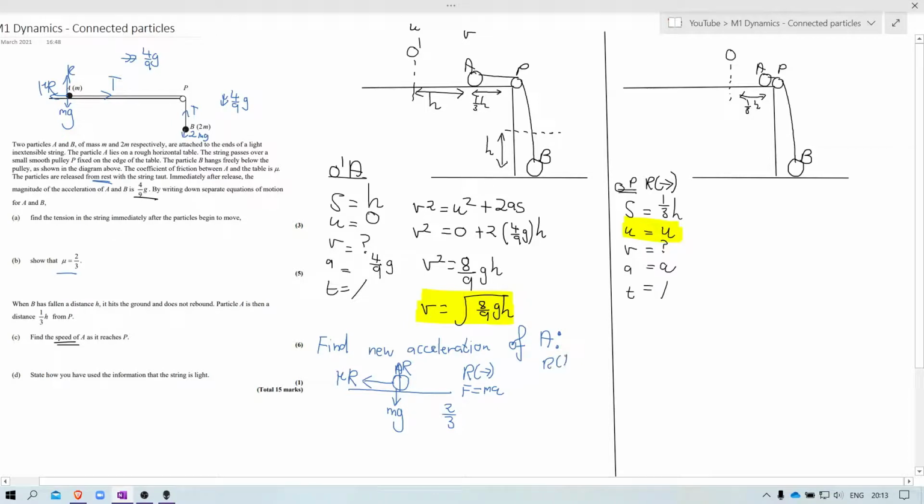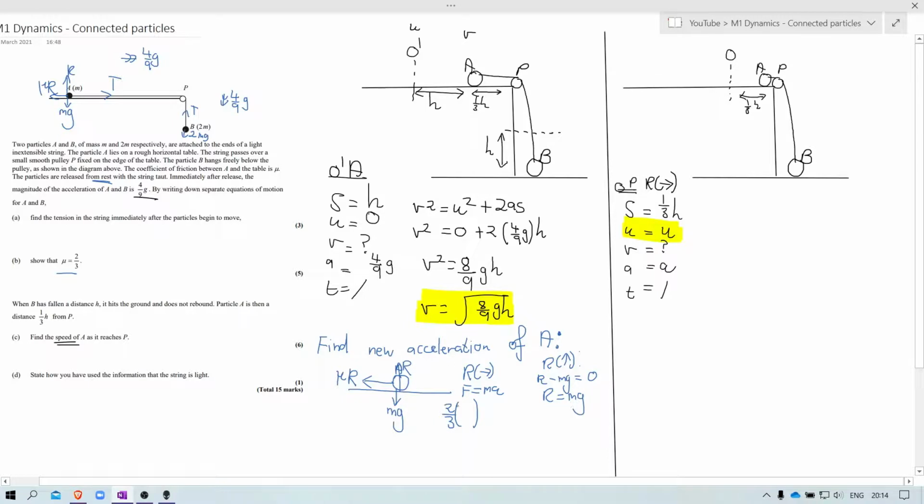And R, well, how do you work out what R is? To work out R, we resolve upwards. We look at the forces going upwards. Here we know it's R going upwards, mg going downwards, so that's negative. What's the acceleration? Well, 0, because it's not magically levitating from the ground.